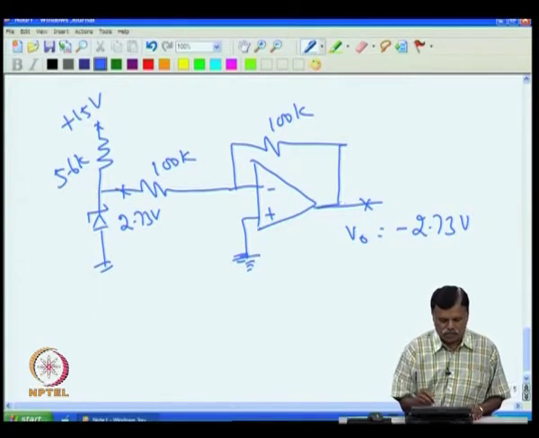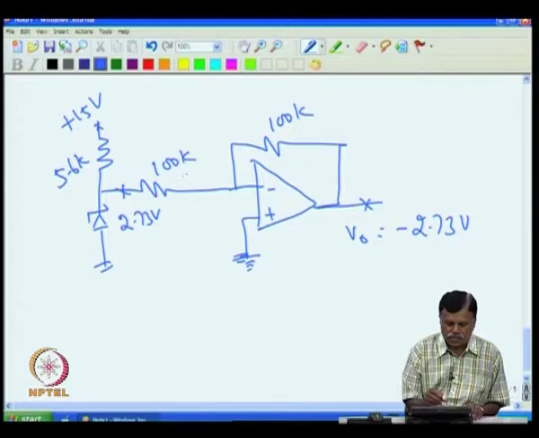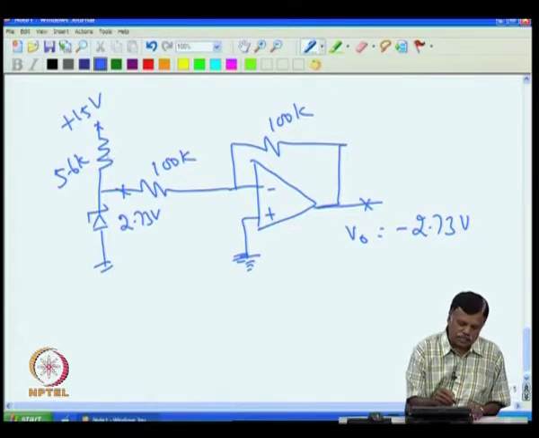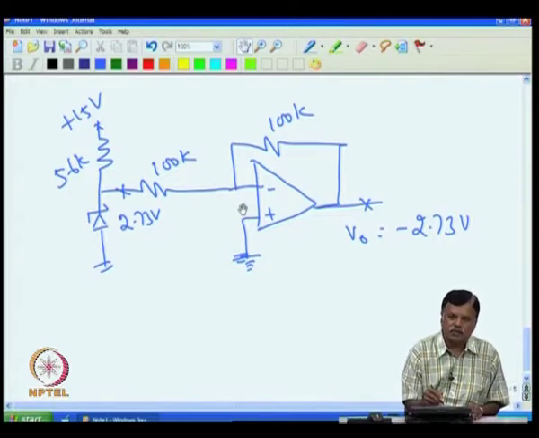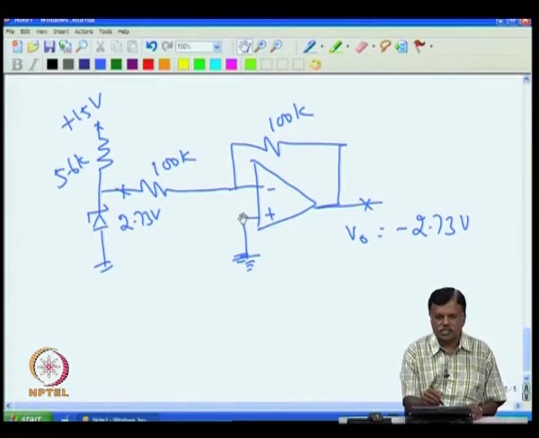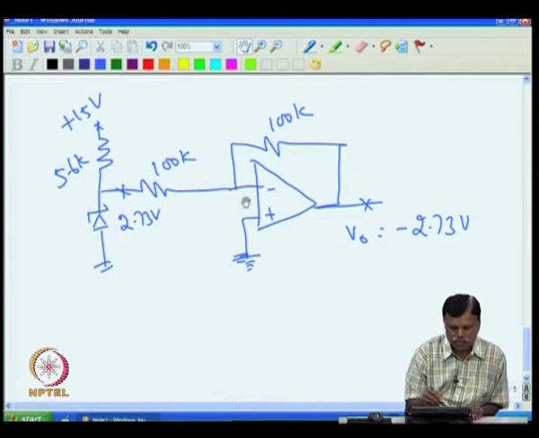You may wonder why did I select 100 K, I could have selected even 10 K or 1 K. Remember that the current going through this is 2 milliampere. Now, if I put a resistance here and I know that this is 0, this point also has to be 0. This is the essence of the operational amplifier working that we had discussed earlier. So, this input and this point are essentially the same.